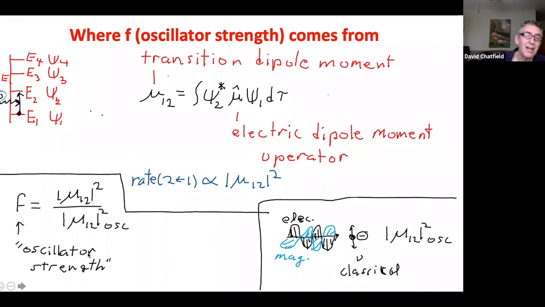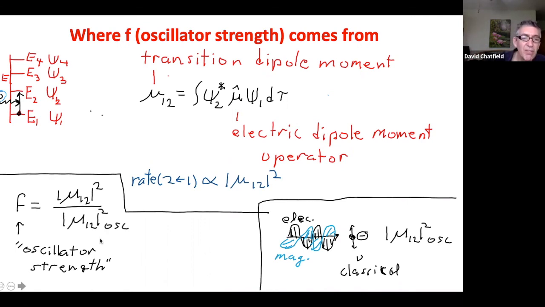So that's what this F means. It's called oscillator strength because, well, classically people thought of the light oscillates, so surely the molecule must oscillate in some way when it absorbs the light. So if that molecular oscillation is large, what is the strength of that oscillation with regard to the electron? Well, the molecule doesn't actually oscillate, it just makes this transition.